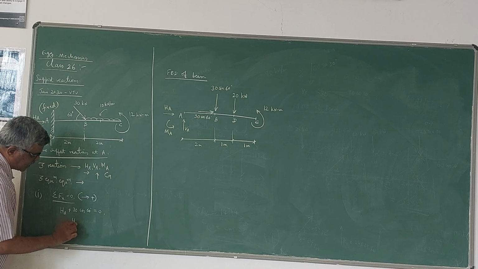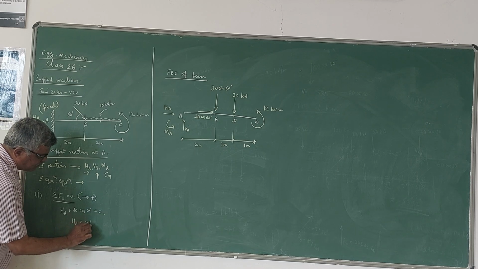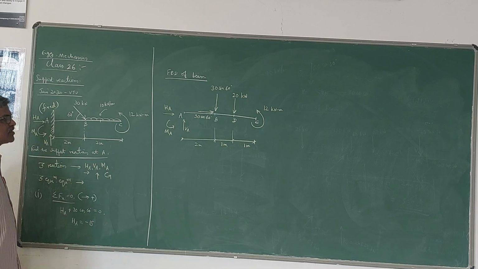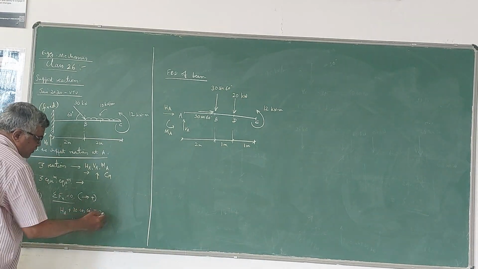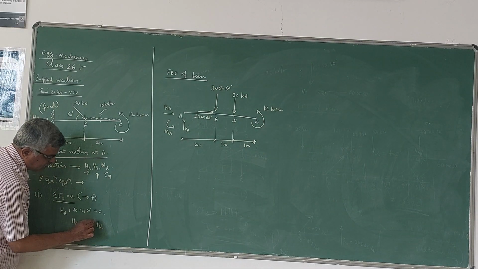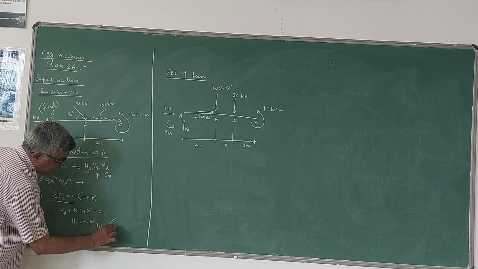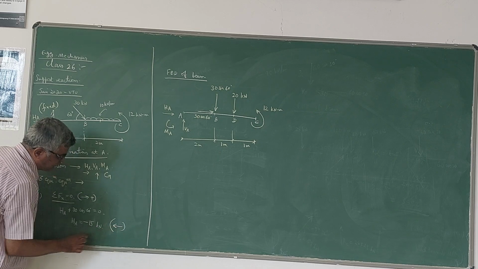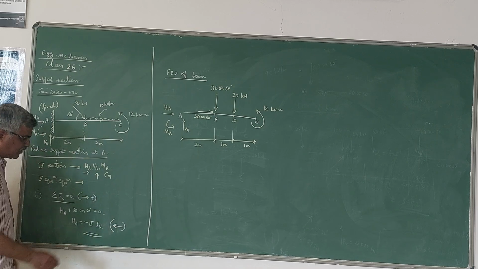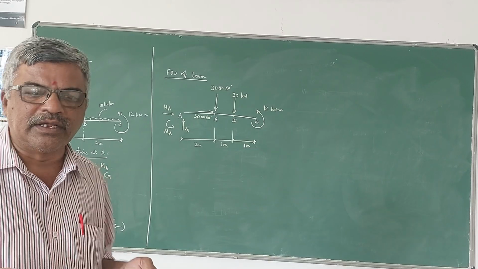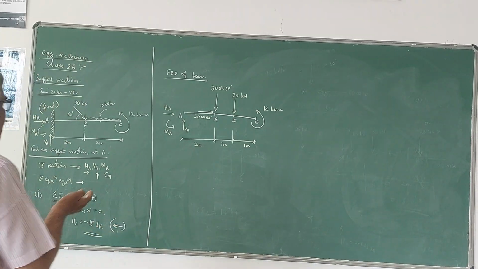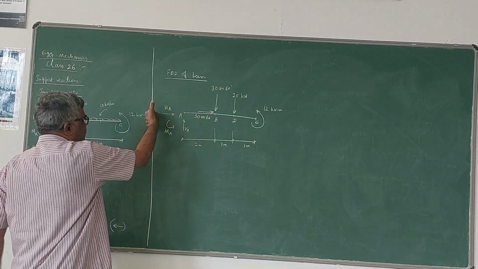So HA you are going to get is minus 15, because cos 60 is half, and half into 30 is 15. When you bring it to that side, it becomes minus. This minus indicates that HA acts towards the left. That means the negative value indicates your assumed direction is wrong, so the reaction acts in the other direction. So HA will be like this.